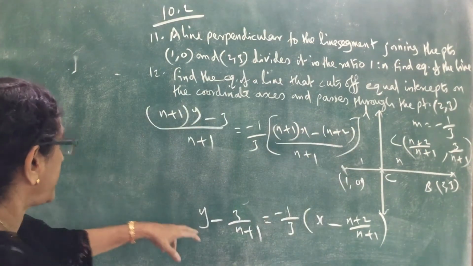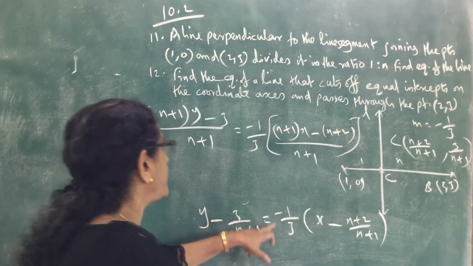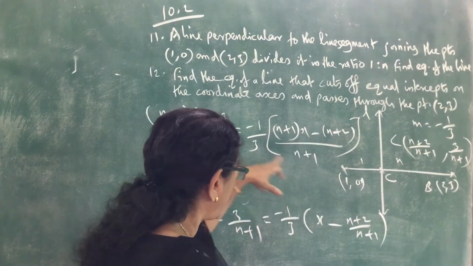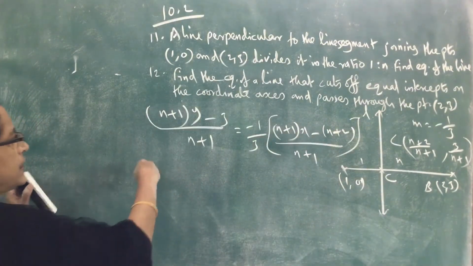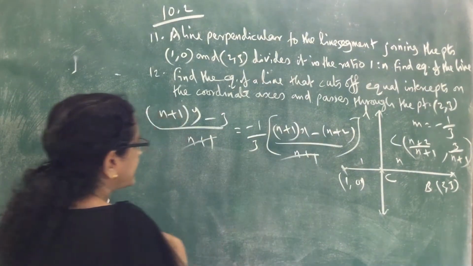That is, n plus 1 y minus 3 whole divided by n plus 1 equals minus 1 by 3 into n plus 1 x minus of n plus 2 whole divided by n plus 1. Now we can simplify. On both sides there is n plus 1, so we can cancel that.